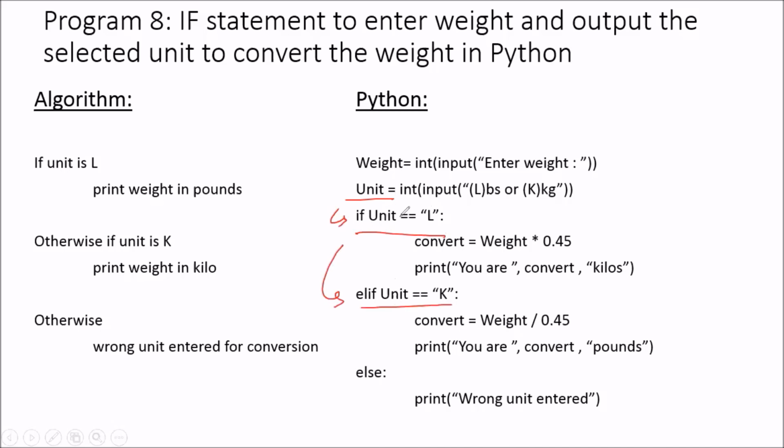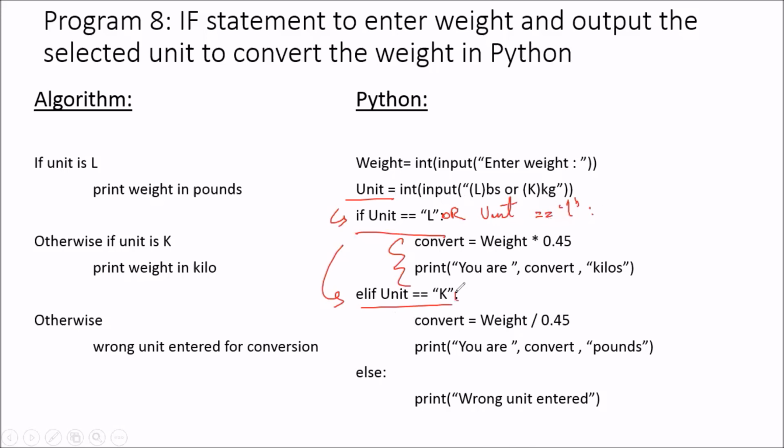Either you can use if. Mostly the user, this is case sensitive, so a user can have a small l. So if unit is equal to l, we can use an or operator, or unit is equal to small l. So if you have multiple keys for one condition, you can use this.